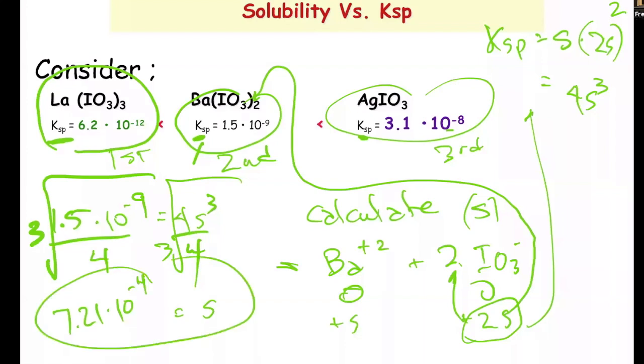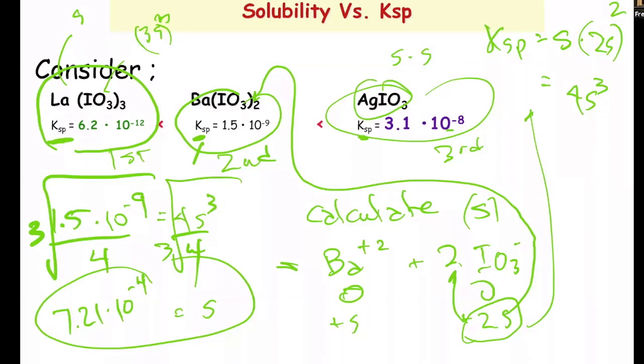You guys should do the same thing for the lanthanum iodate. You see how you get an S here and a 3S cubed here? So it's going to be 27S to the 4th. This one is just 2, so that's S times S, so that's just the square root of KSP.